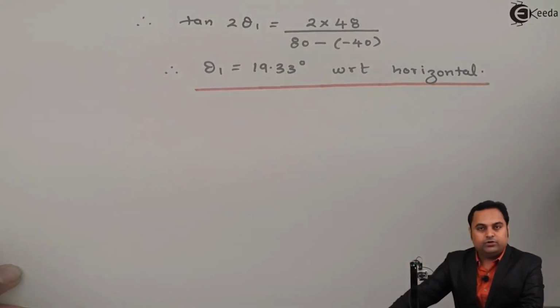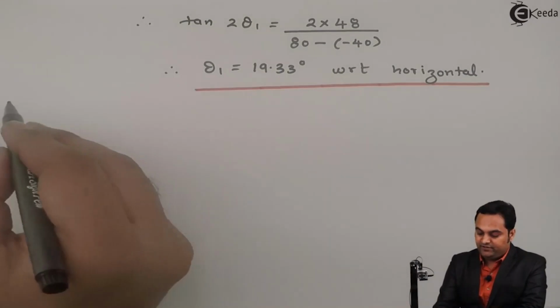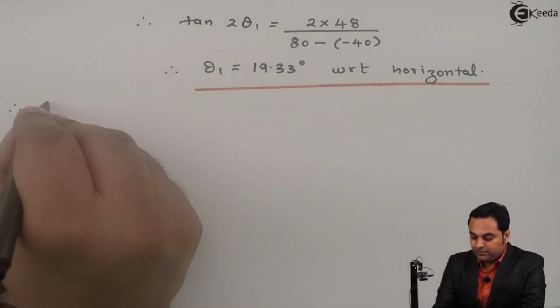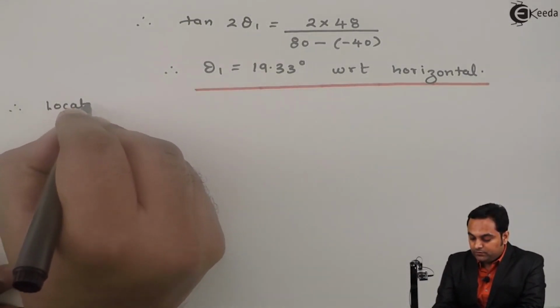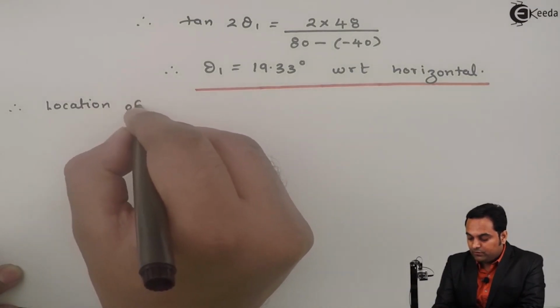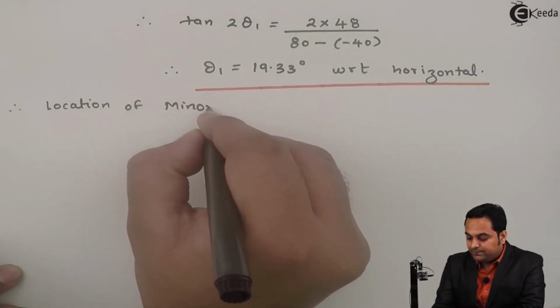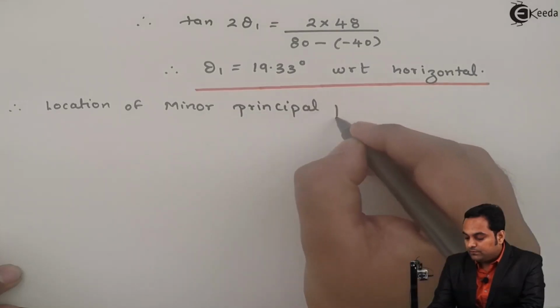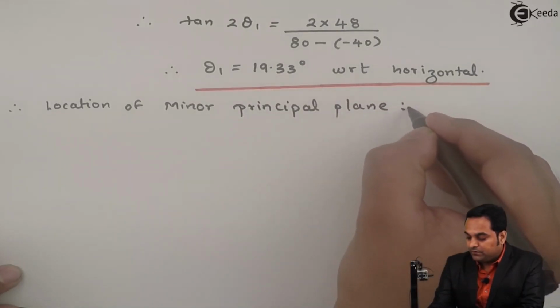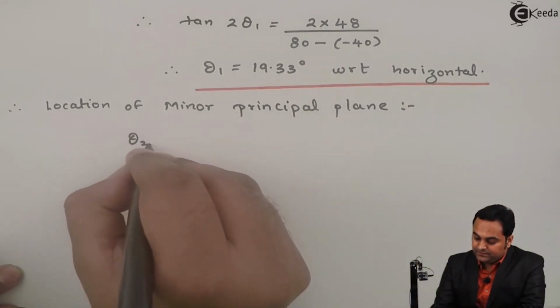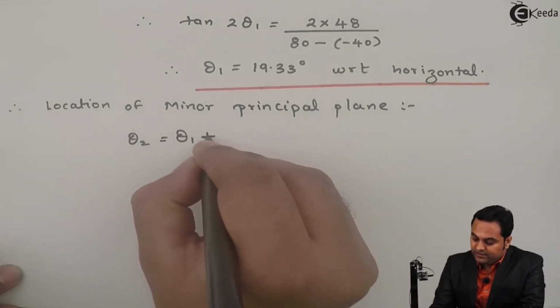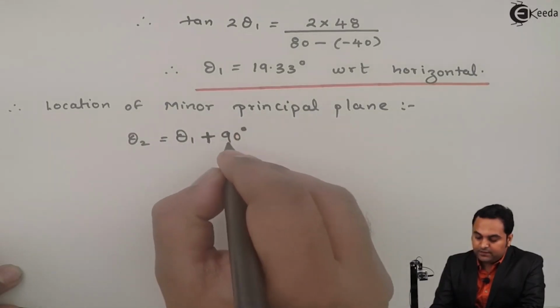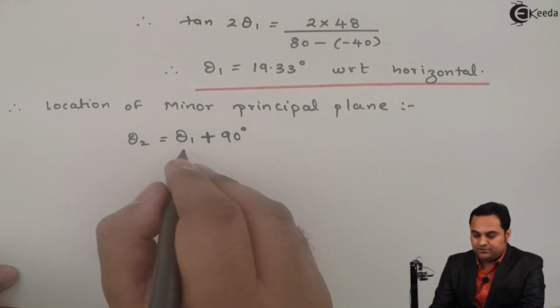After getting the location of major principal plane, I'll find the location of minor principal plane. Therefore, location of minor principal plane. Minor principal plane is exactly at 90 degree inclined to the major principal plane.